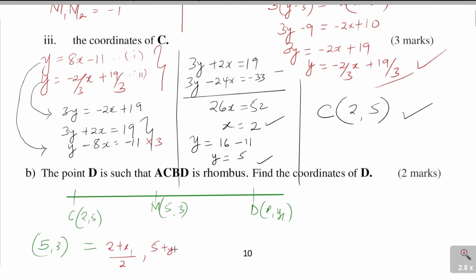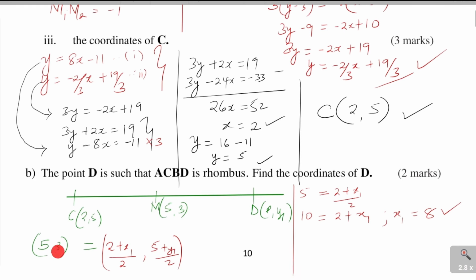If we equate the corresponding values, 5 is equivalent to 2 plus x1 divided by 2. Multiplying both sides by 2, you get 10 equals 2 plus x1. Therefore, x1 will be 8.